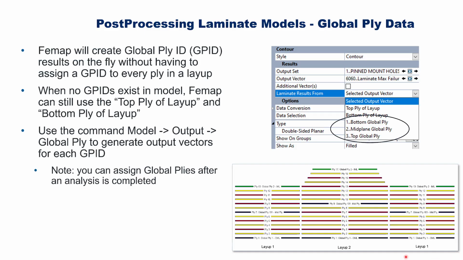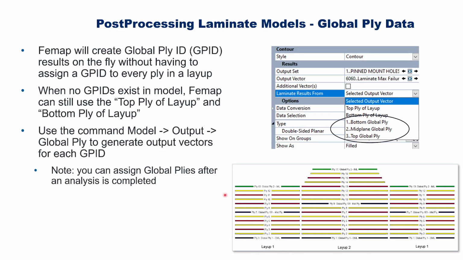One of the advantages of the global ply ID is that it helps us link continuous plies from one layup to another. Quite often we'll have layups with additional reinforcement plies, and they affect the numbering organization of our plies. So global ply IDs help us link these continuous plies.